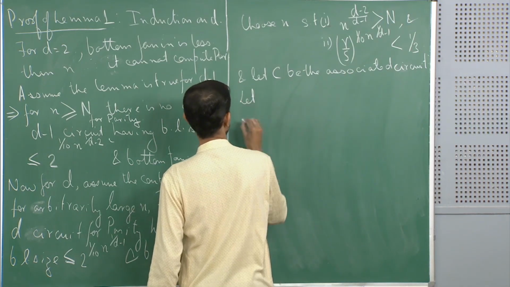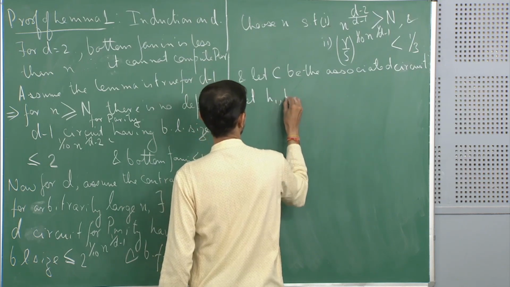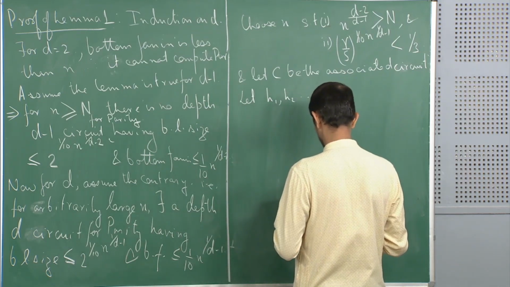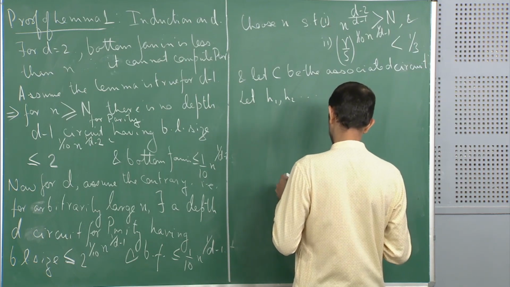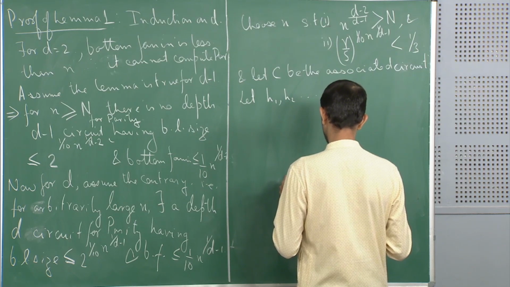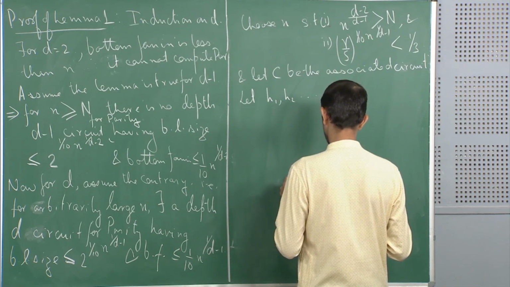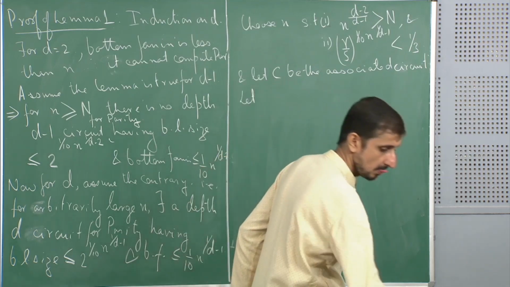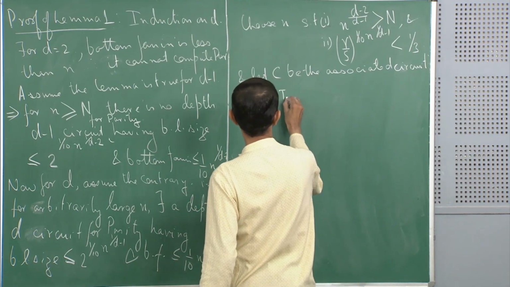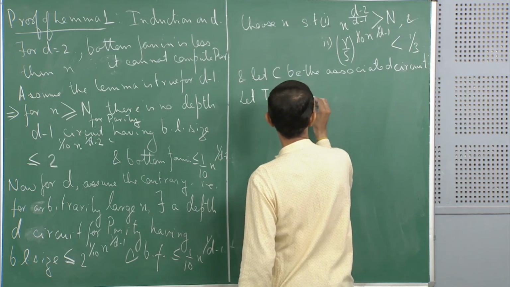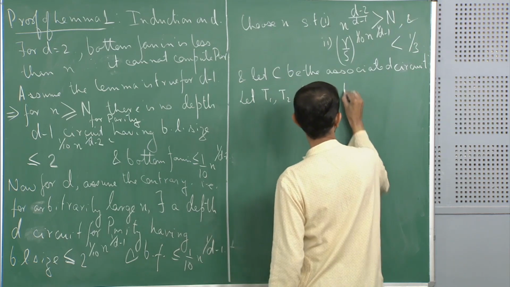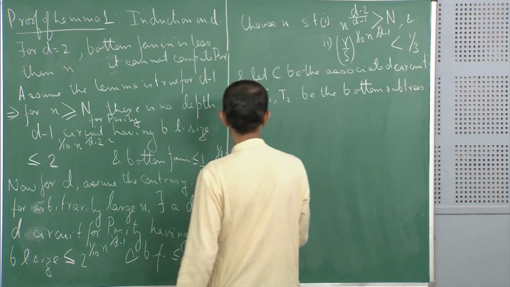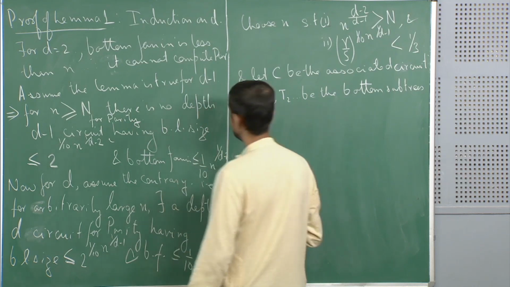So, let T1, T2 be the bottom subtrees of C. Okay.